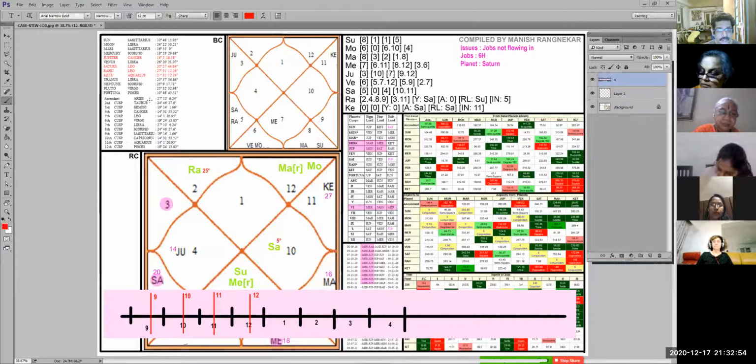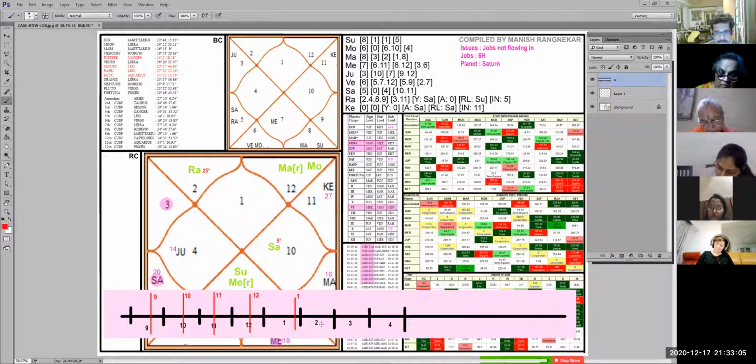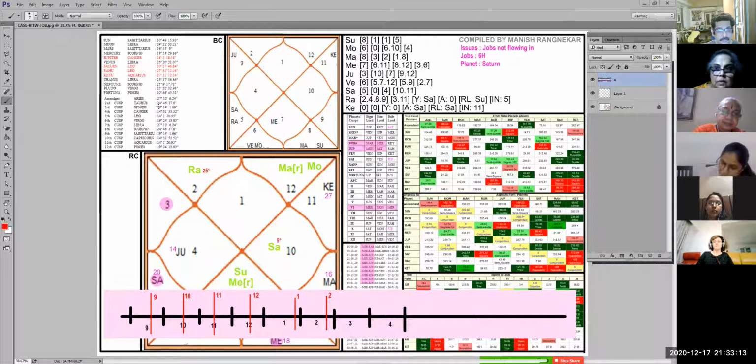Ascendant, first house, Aries 27 degrees, somewhere here. This is the start of the first house. Second house, Taurus 24 degrees will be somewhere here, let us see. This is the start of the second house. Third house, Gemini 19 degrees. Taurus was how much? I'm sorry.